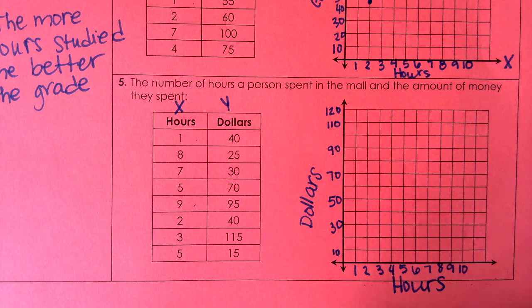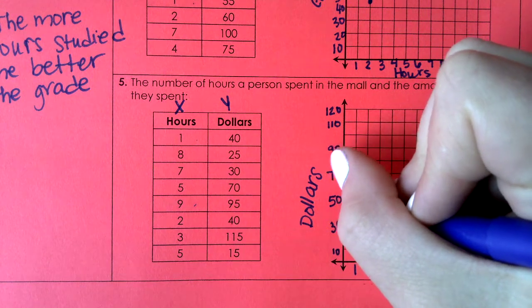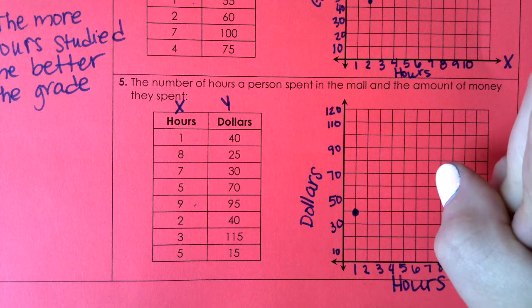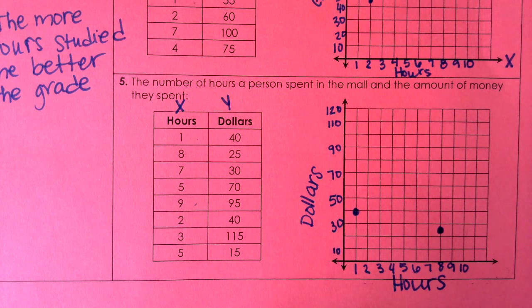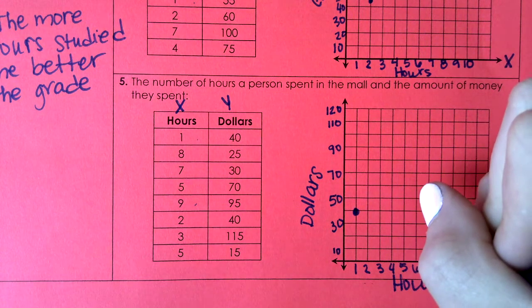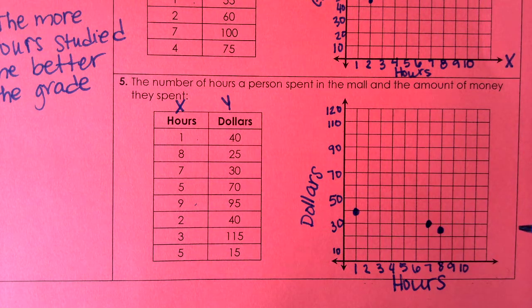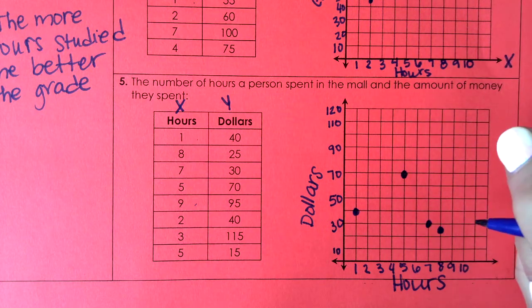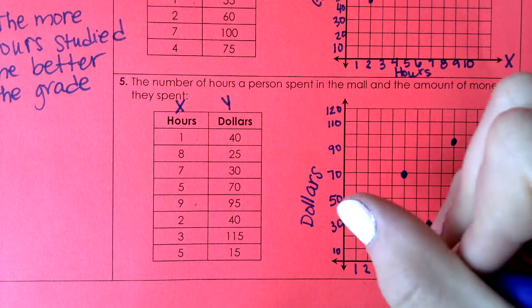Okay, then we're going to go ahead and graph them. So for 1 hour, they spent $40. 8 hours, spent 25. So that's halfway in between the 20 that we don't have written down and the 30. 7, 30. 5, 70. 2, 40.